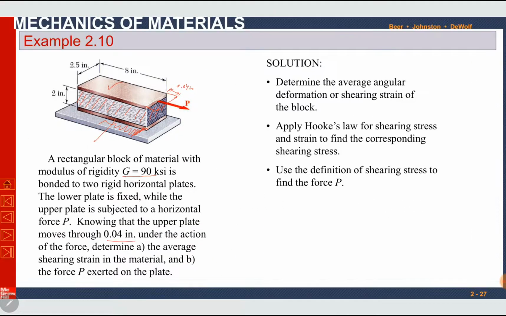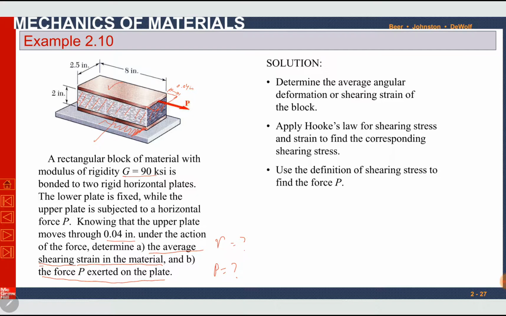The bottom plate is fixed to the ground, so it will not move. The upper plate will move the upper part of the block with itself. In part A, we have to determine the average shearing strain in the material. We have to find gamma, the average shearing strain. Part B asks for the force P exerted on the plate. We have to find force P.